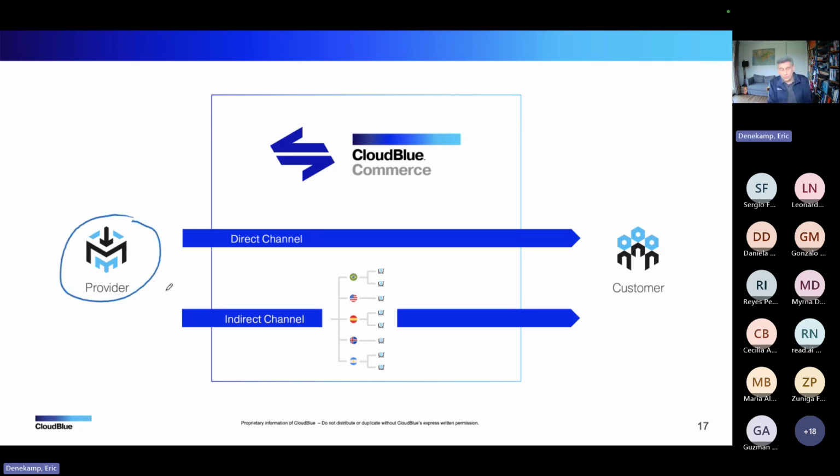And that means that there are customers on the platform multiple times, because they could be a customer of reseller A for Azure and Azure RI, and they could be a customer of reseller B for, for instance, Dropbox. Not knowing that everything comes from the same source, namely that provider.